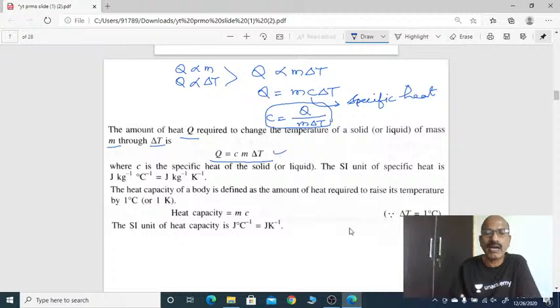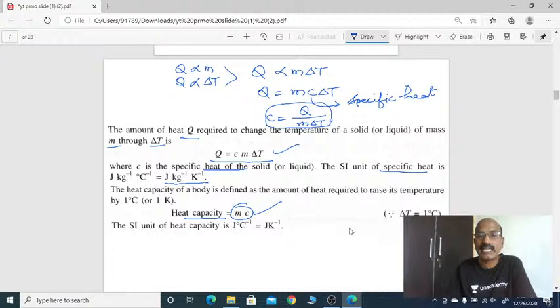The SI unit of specific heat is joule per kilogram per Kelvin. Heat capacity means the product of mass into specific heat. Heat capacity is different, specific heat is different. Keep in mind this formula.